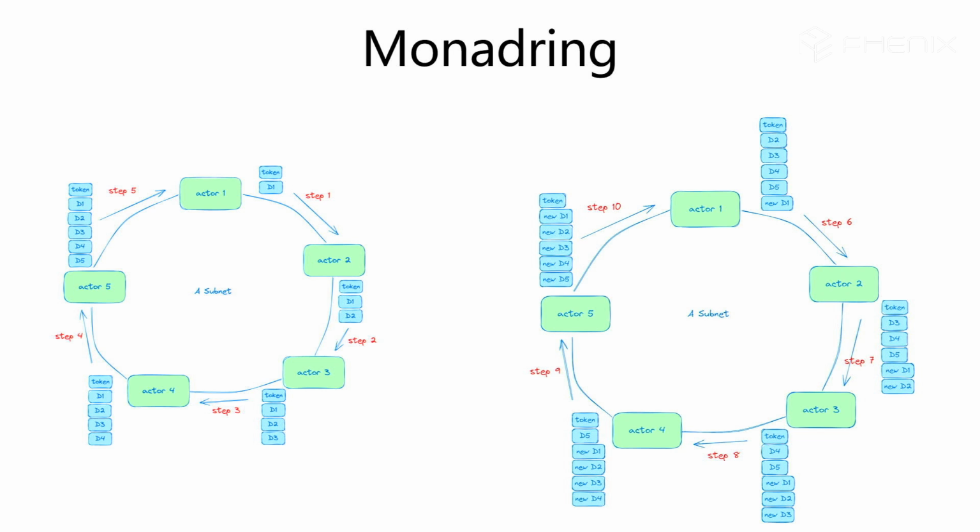Let's say I have 5 actors forming a network. Only the active actor, or let me put it this way, only the actor that holds the token is able to do the local workload. For example, signing something, or issuing some transactions, right?